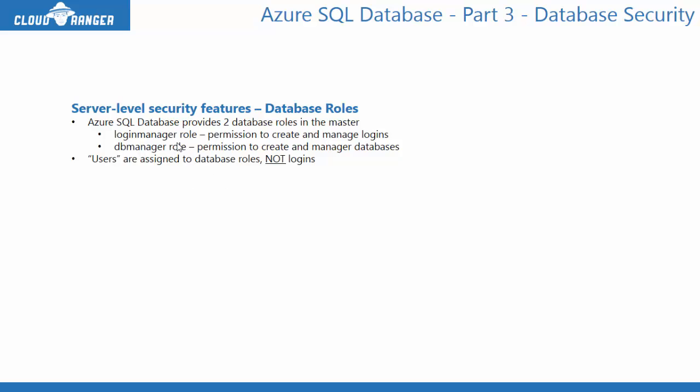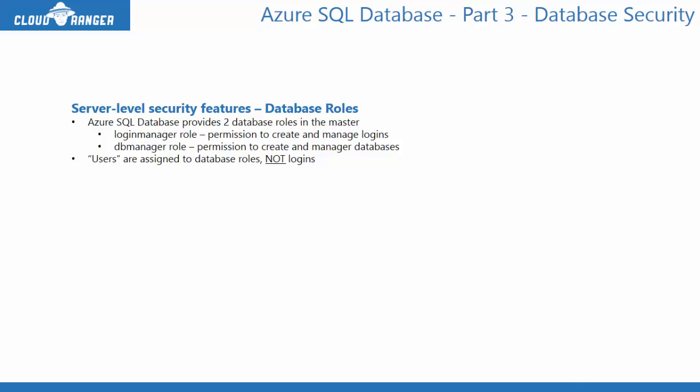So when you create that user and map it to the login, for the master database, we can add it to the login manager role, which means it will give the user permission to create and manage other logins. So Ranger1 will be able to create other logins for other people. And the other role you can add it to is the DB manager role, which means that Ranger1 will be able to create and manage other databases. Okay? Users are assigned to database roles, not logins. This is just a reminder that users are always at a database level.